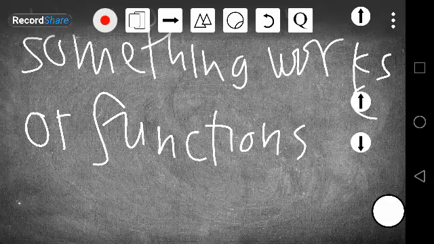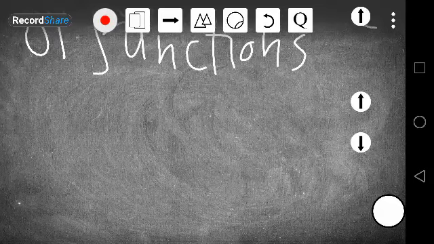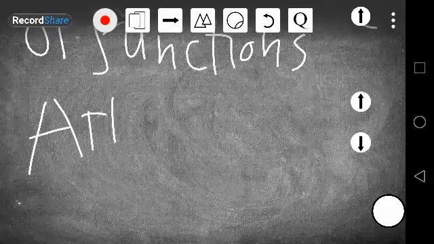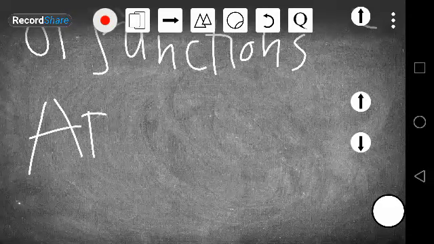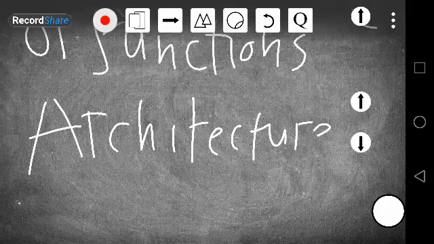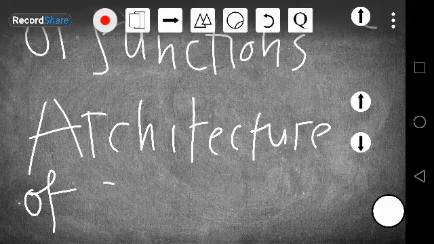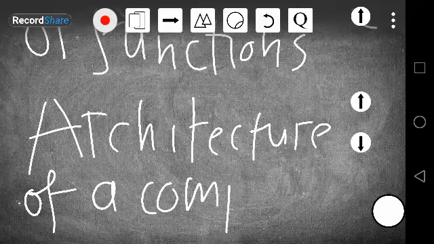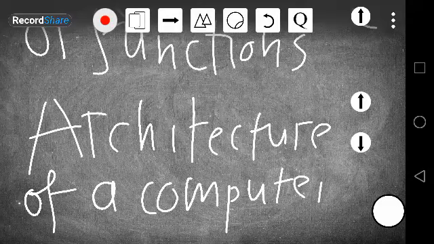That's an architecture. It simply defines how things work or function. So today we need to look at the architecture of a computer. This is what we need to look at today.